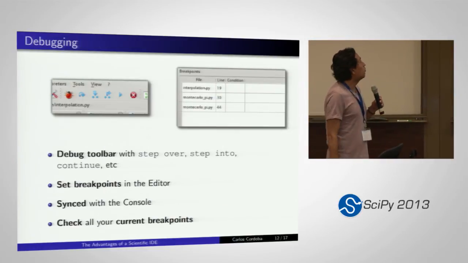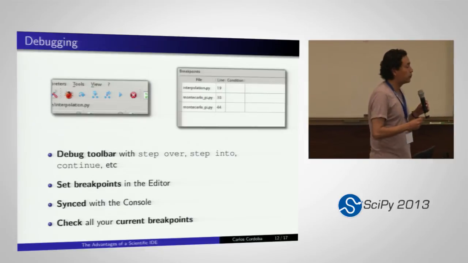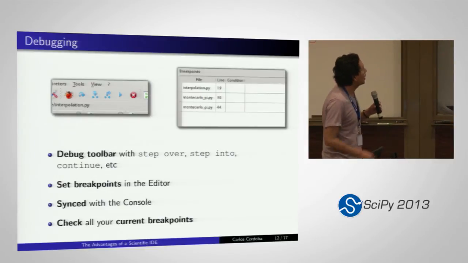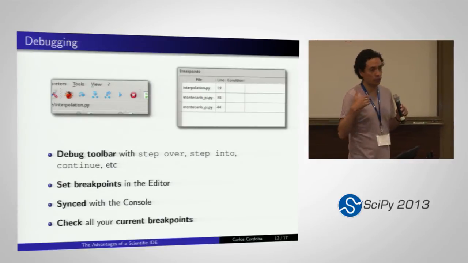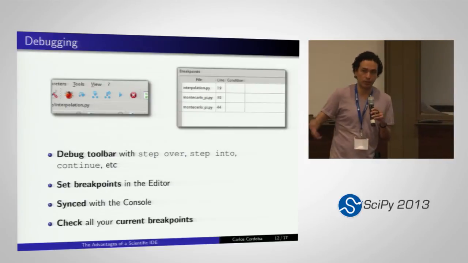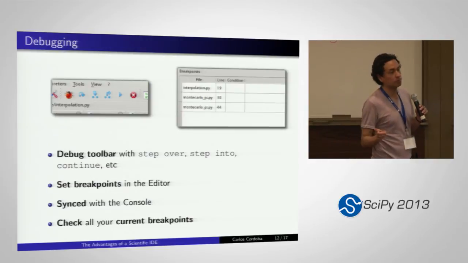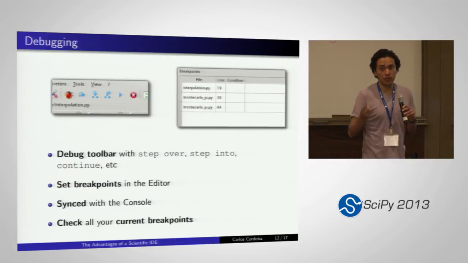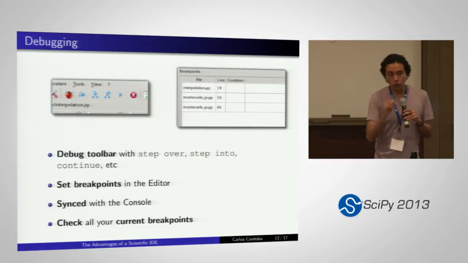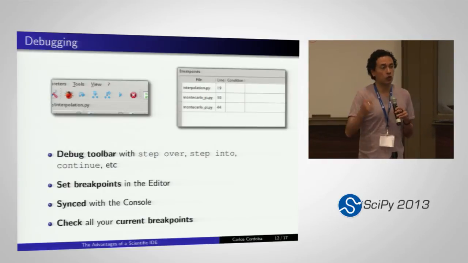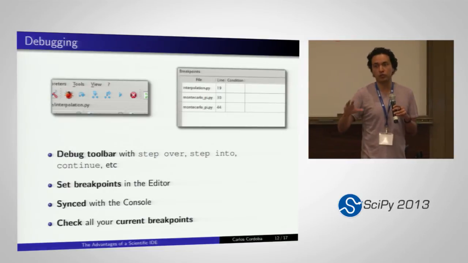And finally, we also have great support for debugging. We have a debug toolbar with the usual debug actions like step over, step into, and continue. The user can set breakpoints in the editor, and those breakpoints are connected to the consoles. So a user can run an entire debugging session inside Spyder.